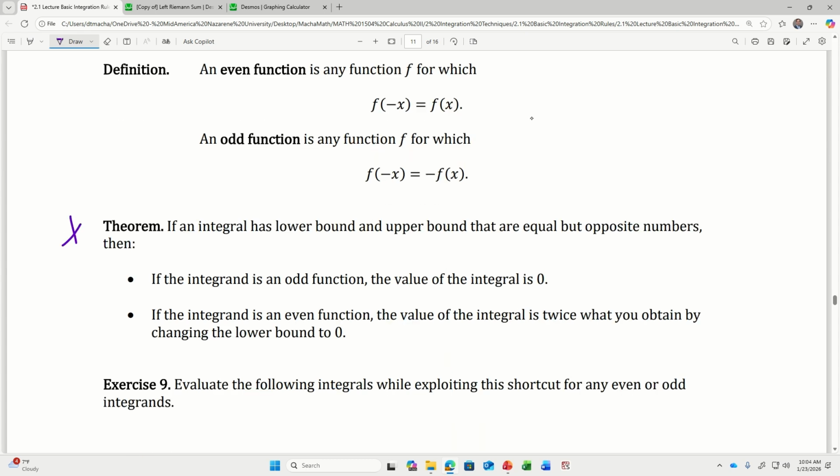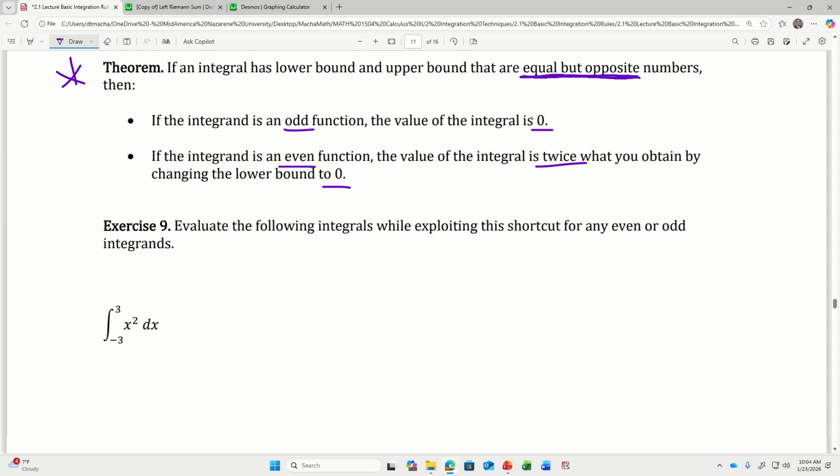If an integral has a lower bound and upper bound that are equal but opposite, then if the integrand is an odd function, the value of the integral is 0. If the integrand is an even function, the value of the integral is twice what you obtain by changing the lower bound to 0.